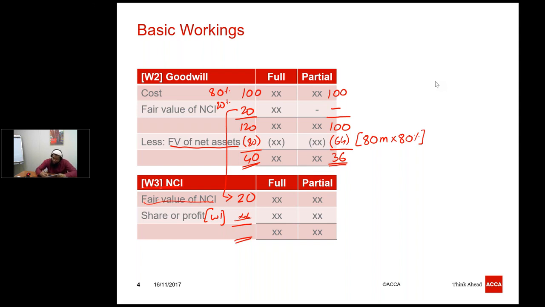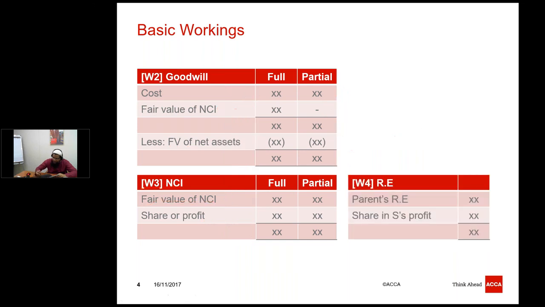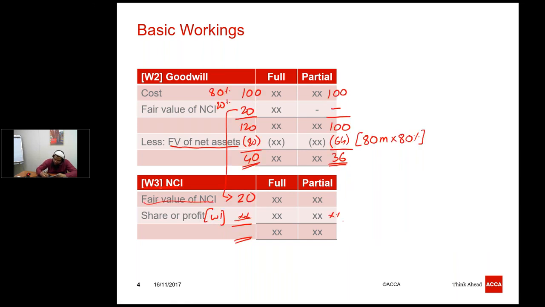Now, when we are going to calculate the NCI, the share of profit will remain the same as in case of full.